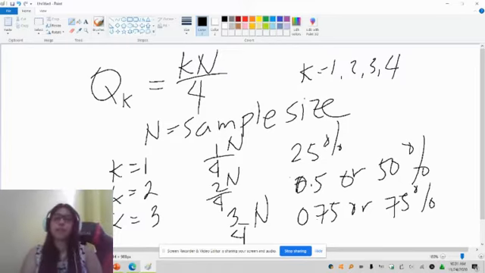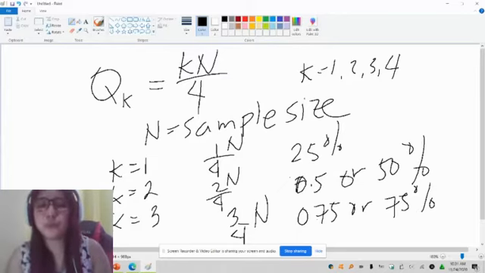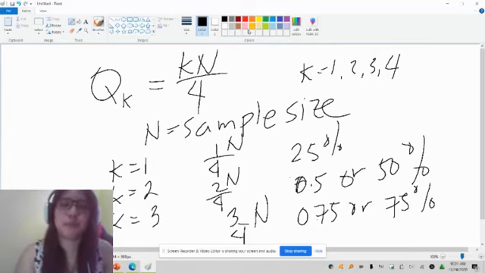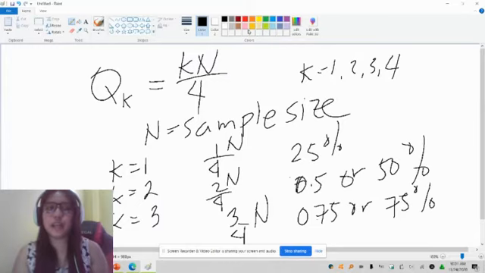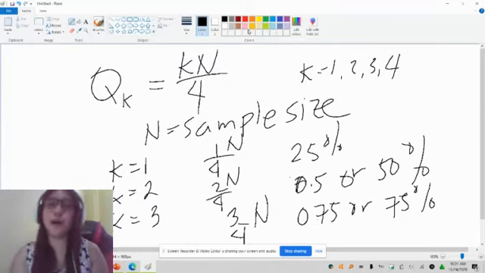And for K equal to 4, that is 100% of the distribution. But of course, you have to arrange your data. It is a reminder that just like when you use the median, in locating the middle term, you have to arrange your data from lowest to highest.